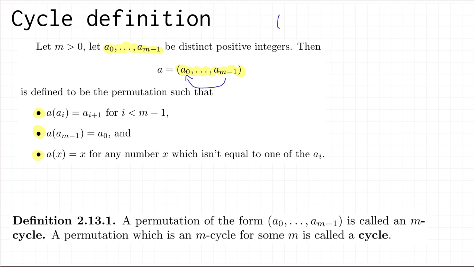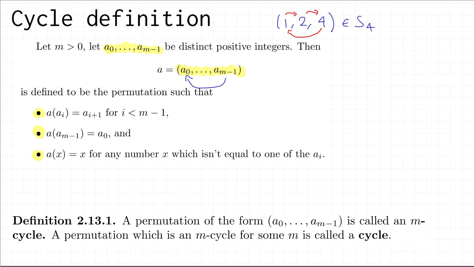Let's say we talk about the 3 cycle (1, 2, 4) as an element of S4. So this is the permutation which sends 1 to 2 and 2 to 4 and then 4 back to 1 again.